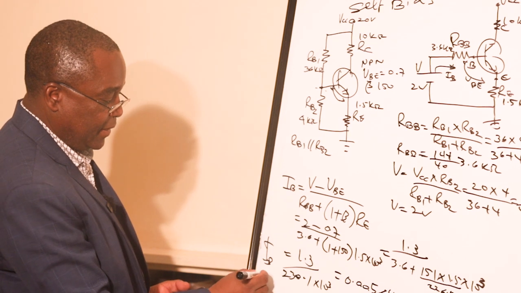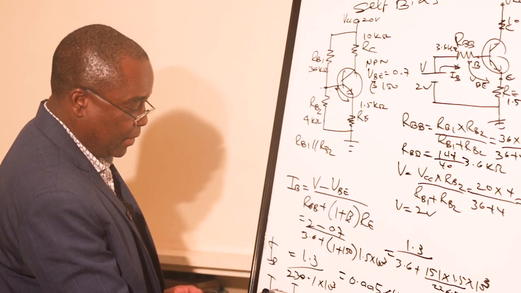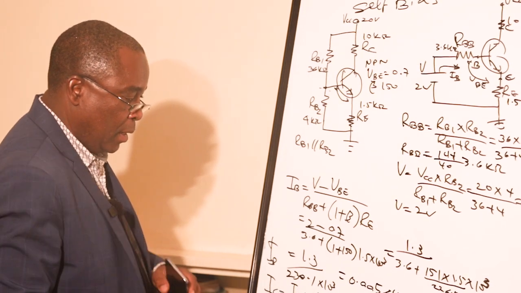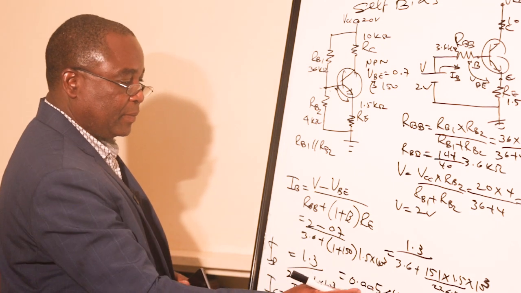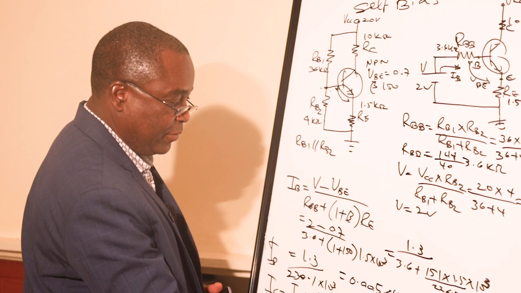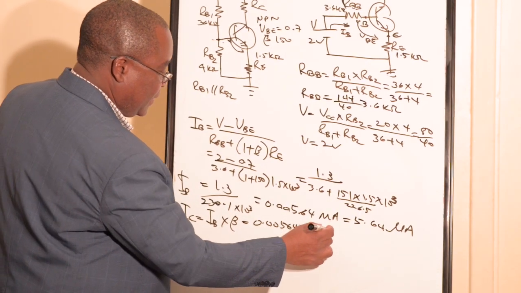To have IC is equal to IB times beta. IB is this one, 0.00564 times beta, which is 150.